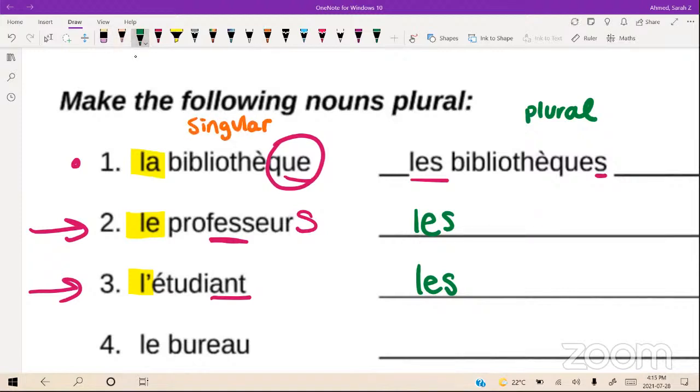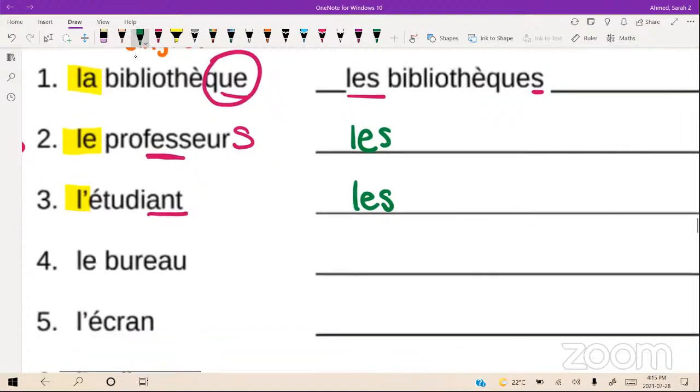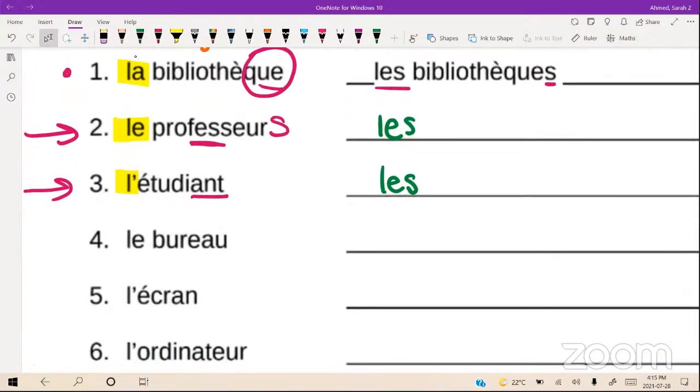Okay, so for number 3, why don't you type in the chat so that we can practice spelling as well, what the plural would be of l'étudiant. I don't know how to make the E apostrophe.